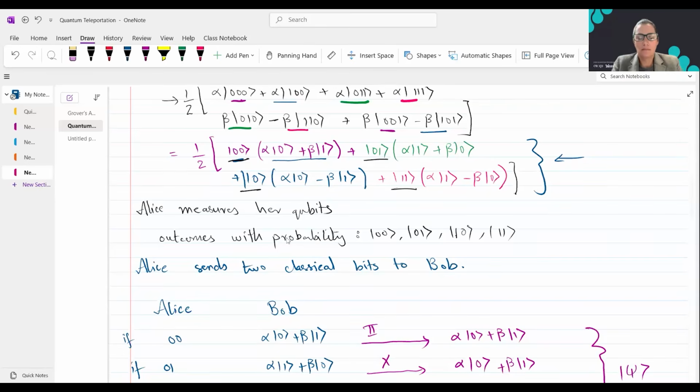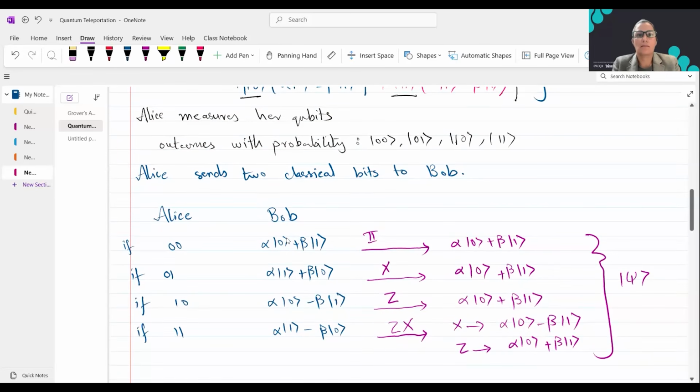And then she sends these 2 classical bits to Bob. And based on those 2 classical bits, by knowing the information they carry, Bob is going to apply some operations on his part of the qubit. I hope that answers your query. If not, please do let me know.